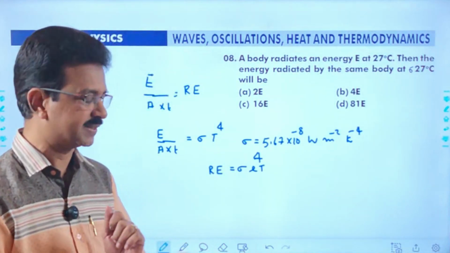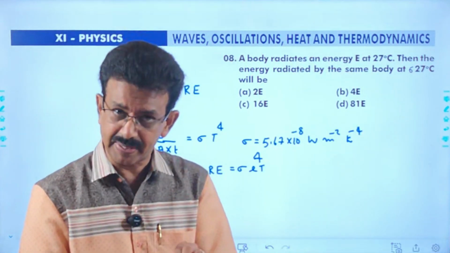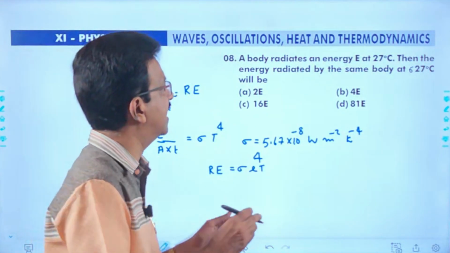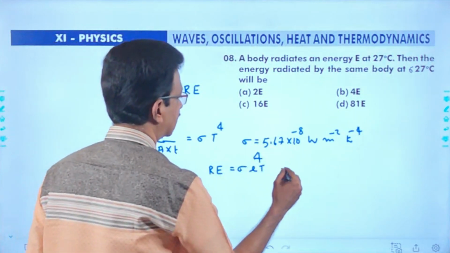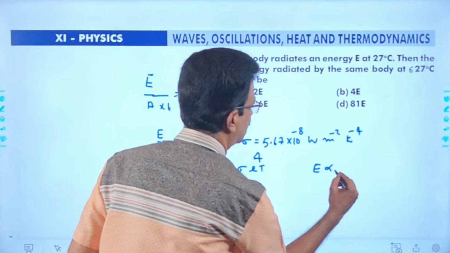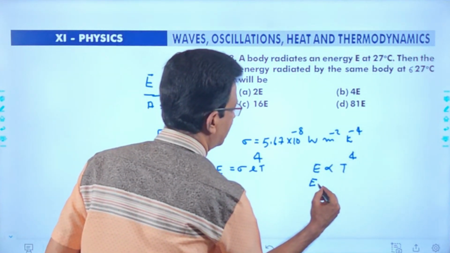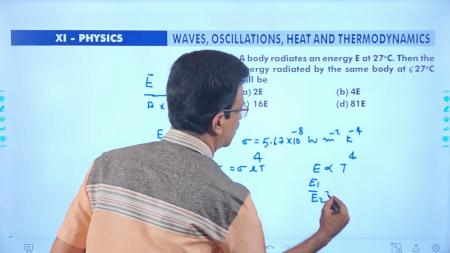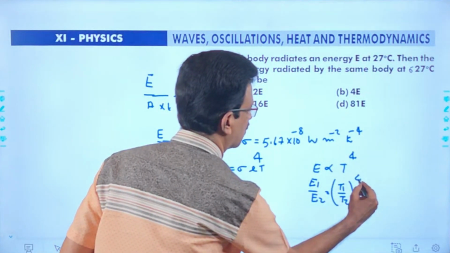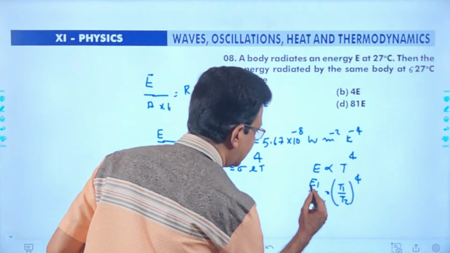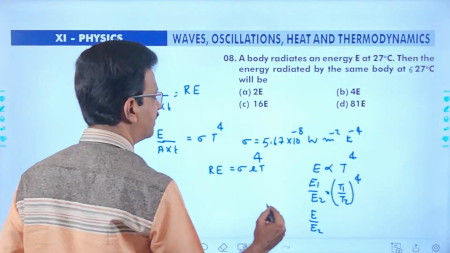Now, the question is: at 27 degrees Celsius, the energy radiated is capital E. Then what will be the energy radiated at 627 degrees Celsius? Let's do the problem. E is proportional to the fourth power of the absolute temperature. Then E1 by E2 equals T1 by T2 raised to 4. E1 is given as E, E2 is to be identified.